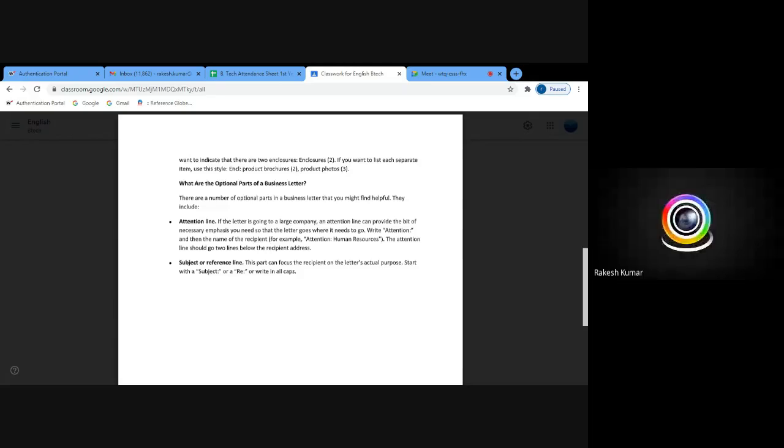For example, if there is a reference number like GGI slash ME mechanical slash 2020 slash 01, that is a reference number given to your letter. If we receive this, we would verify it.